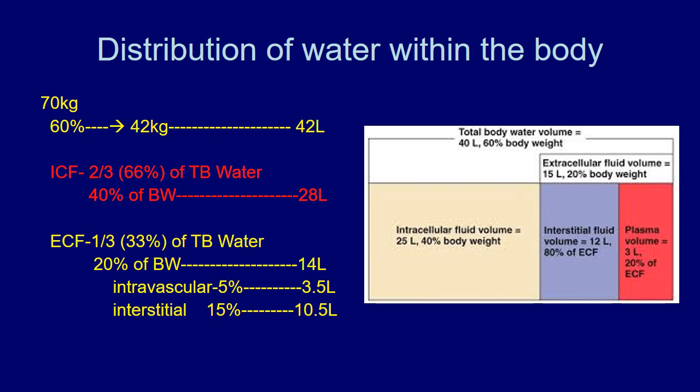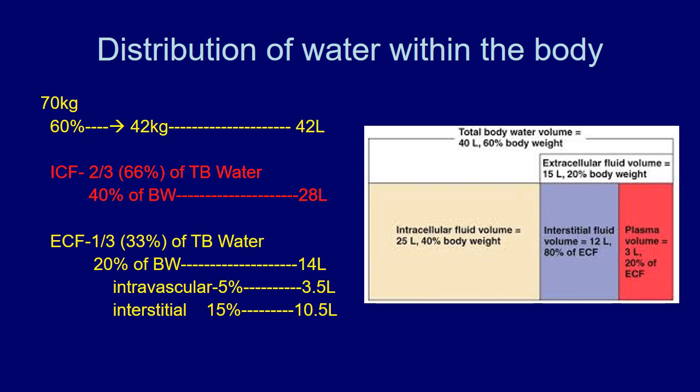So you have 42 kilograms of water in an adult human. Since the density of water is 1, this 42 kilograms would be 42 liters if you consider the amount of water in a body as a volume. So an average built adult has 42 liters of water in the body.